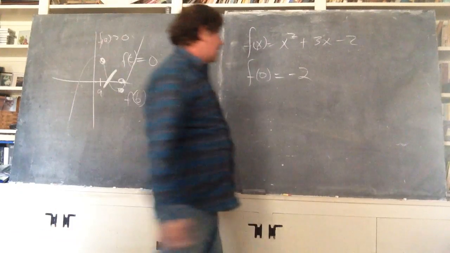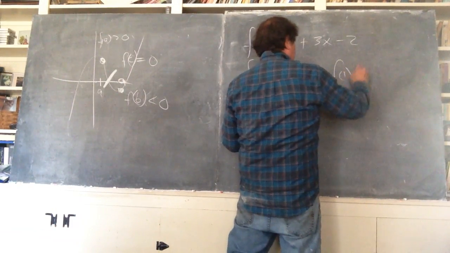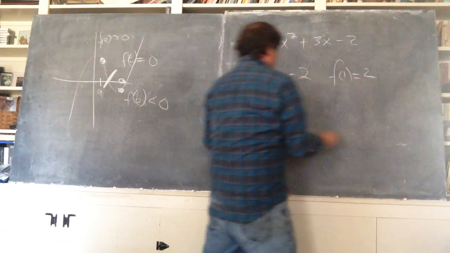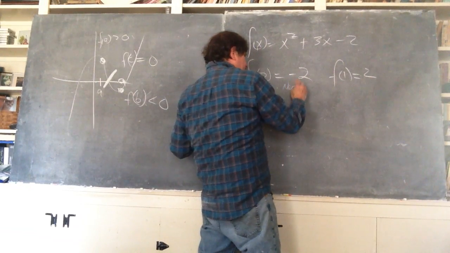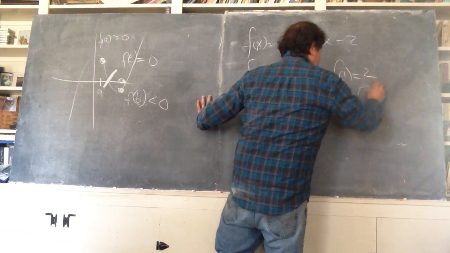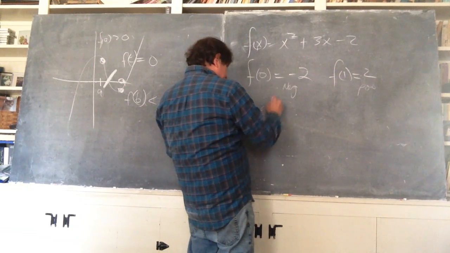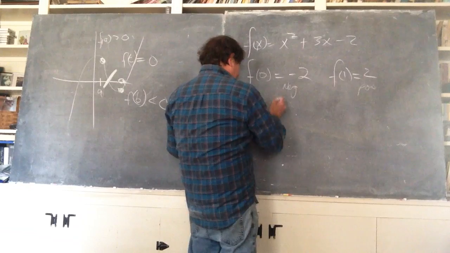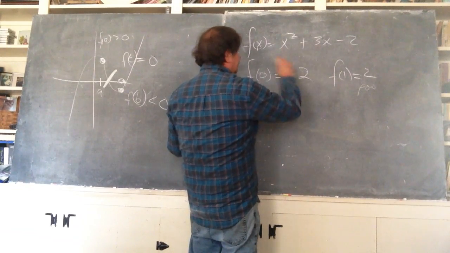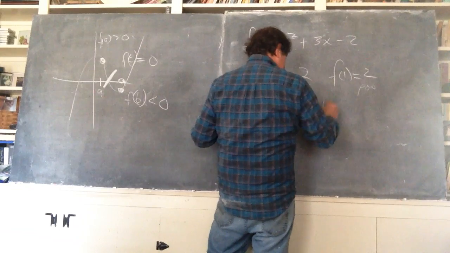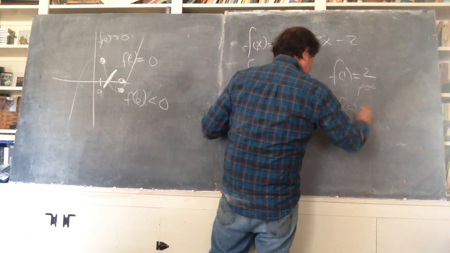And the function's value at 1 is 1 plus 3 minus 2, which is 2. Because this is negative and this is positive, there must be a c inside of 0, 1, such that f at c equals 0.